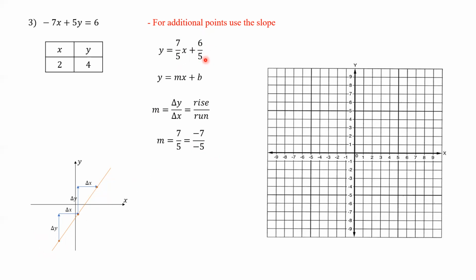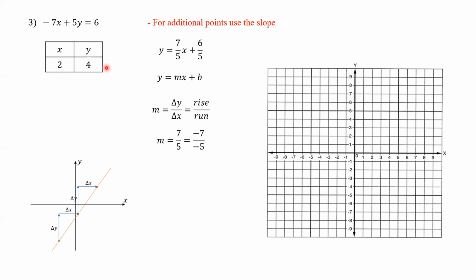And then if I start making steps according to my slope, that error will propagate, and then the accuracy and precision of the graph is not going to be that great. So to maximize the accuracy and precision, I prefer to use as a starting point a point with integer coordinates. And then for additional points, I will use the slope.